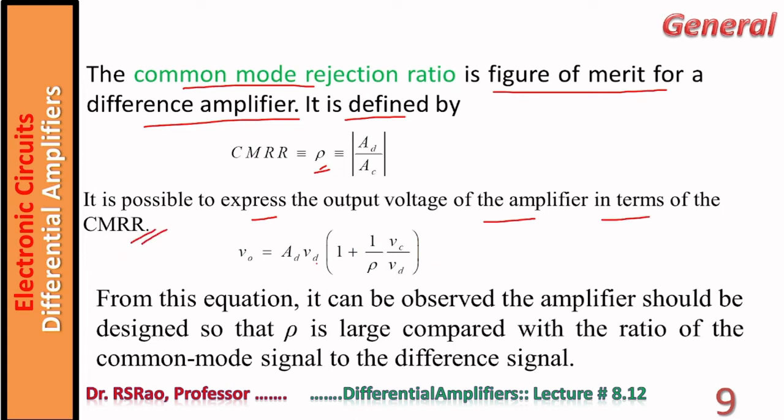V0 is Ad Vd multiplied by (1 plus 1 over rho multiplied by Vc over Vd). From this equation, it can be observed the amplifier should be designed so that rho is large compared with the ratio of common mode signal to difference signal.